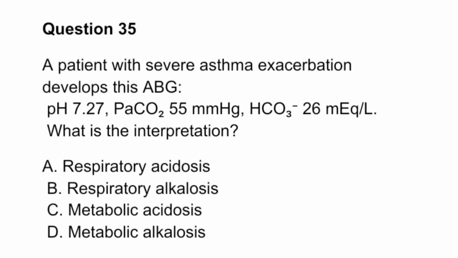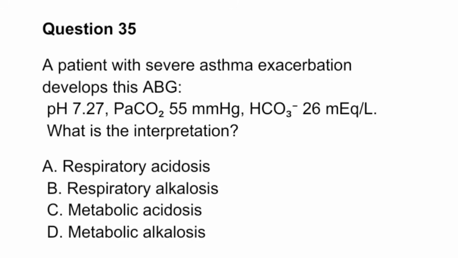Question 35. A patient with severe asthma exacerbation develops this ABG: pH 7.27, PaCO2 55 mmHg, HCO3- 26 mEq per liter. What is the interpretation? A. Respiratory acidosis. B. Respiratory alkalosis.